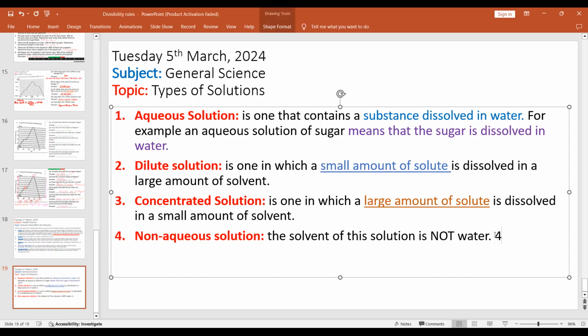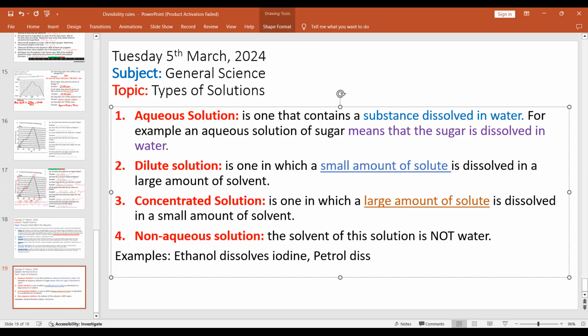Let me give you examples. When you have alcohol, it could be a solvent. So examples would be ethanol. Ethanol dissolves iodine. We also have petrol.